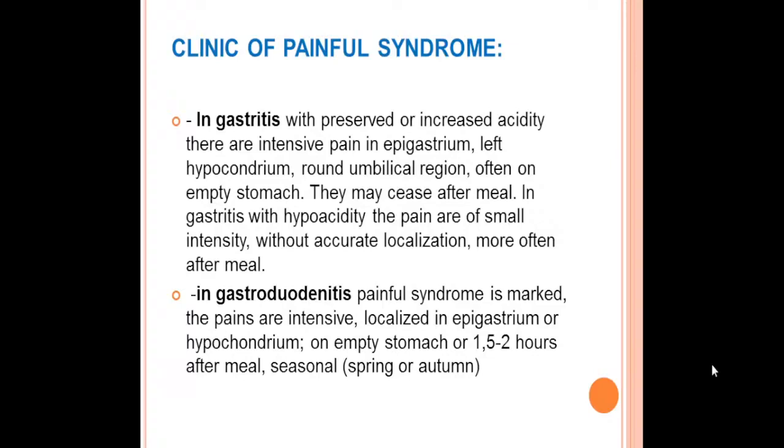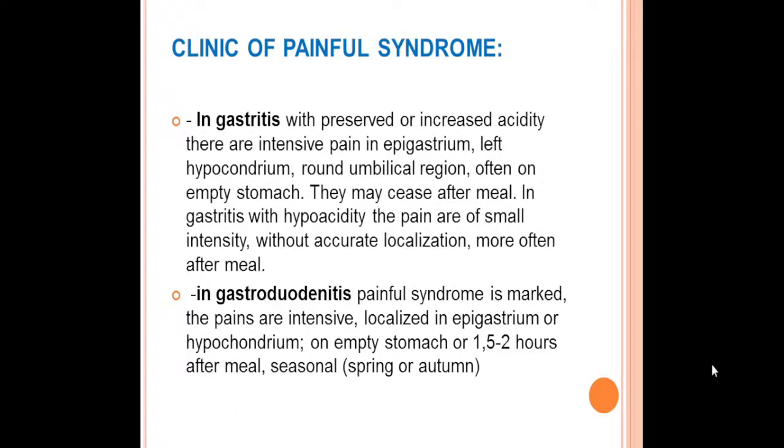Where does the patient localize pain? If it is gastritis, the pain may be localized in the epigastrium. If it is gastritis with gastroduodenitis, it may be the hypochondrium, left hypochondrium, or in younger children, complaints of pain around the umbilical region.